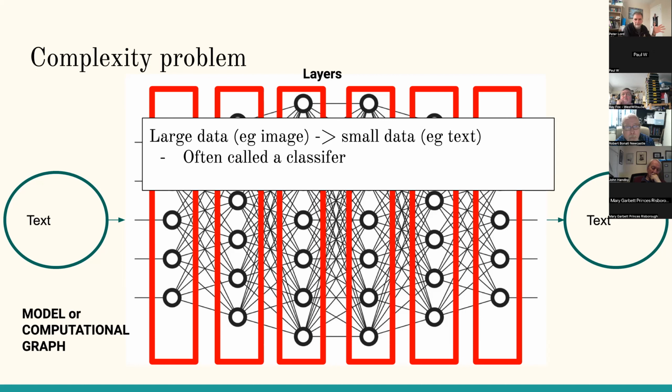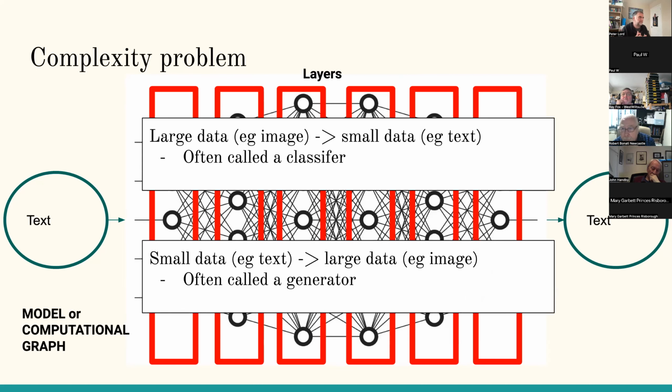So a large amount of data to a small amount of data on the output, often called a classifier. You might have a stock price over a month-long pattern, a large amount of data, and the output is tomorrow it's going to go up or down.